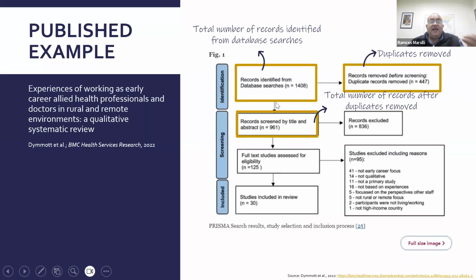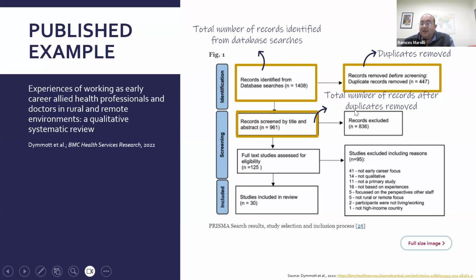So speaking of that, also from the screening process, they're showing you what is called a PRISMA flowchart, which is how many articles or records were identified, how many were screened by just title and abstract, how many of them made it up to full text, all the duplicates that were removed.